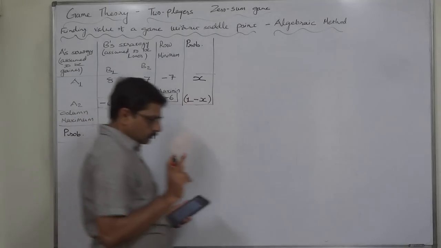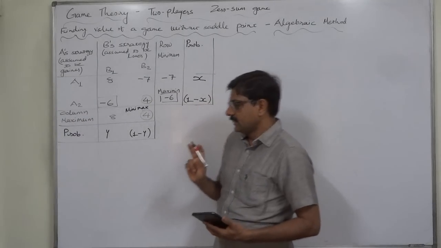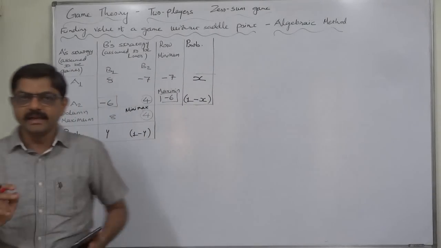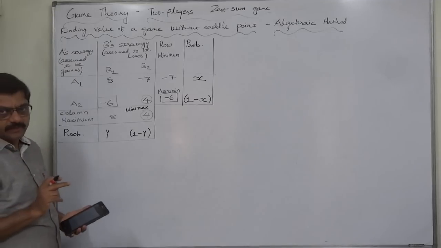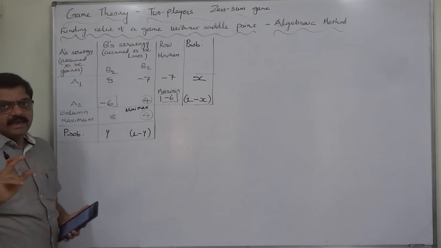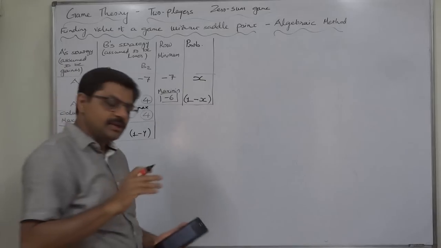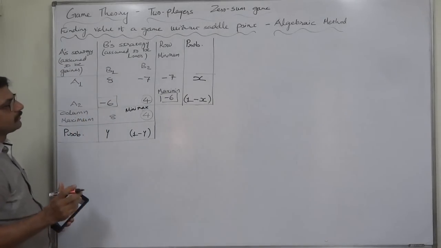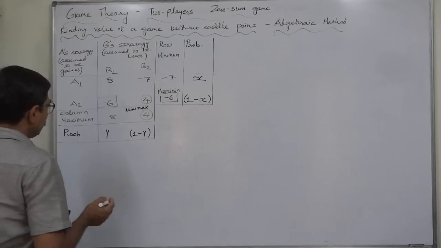Now, we know that if we have probability as well as payoff, we can calculate expected payoff. Since A is the gainer, we shall first find everything from A's point of view.